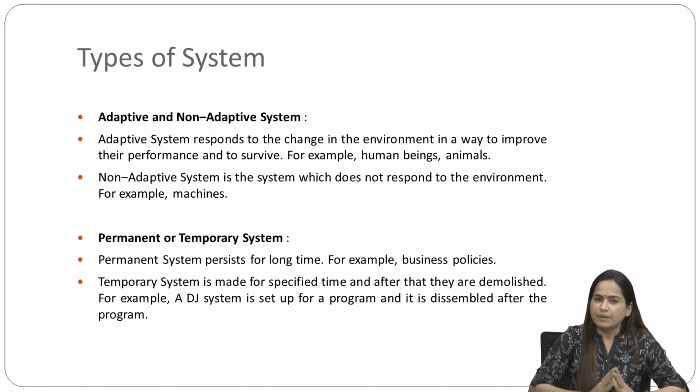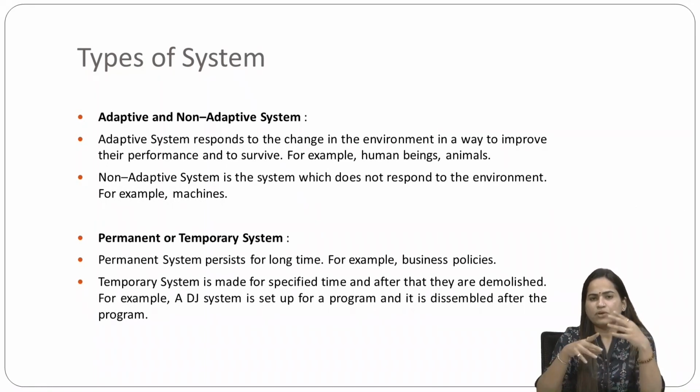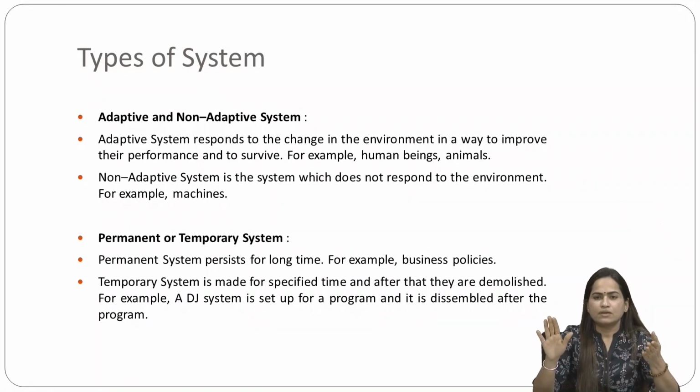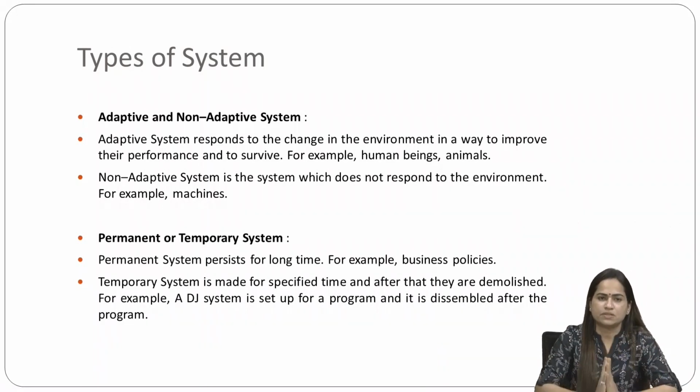Now, what is a temporary system? A temporary system is made for a specified time, and after that it is demolished. Like for 1 year the policy will be applied and then it is shut down. If we have such a thing for one particular time duration, then it is a temporary system.